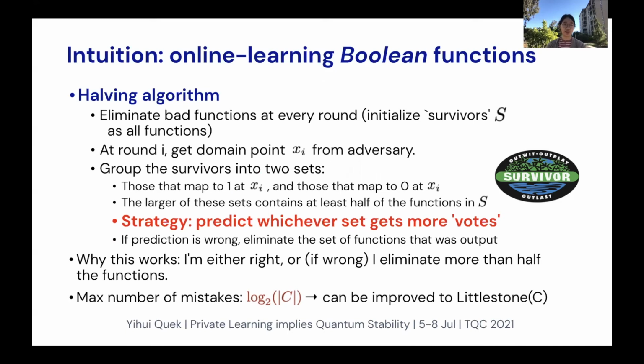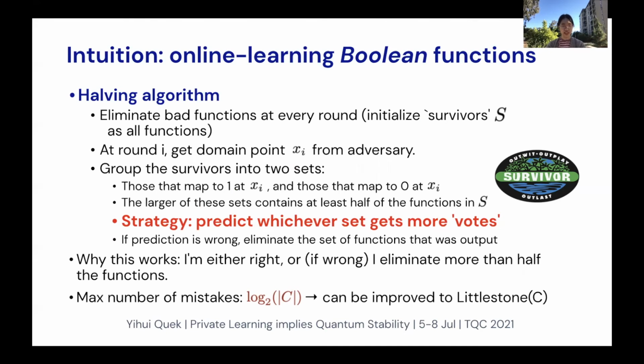This kind of works like the game of Survivor. At round i, the adversary gives the learner a domain point xi. The learner then groups the survivors into two sets, those that map to 1 at xi and those that map to 0 at xi. The larger of these sets obviously contains at least half of the remaining functions.